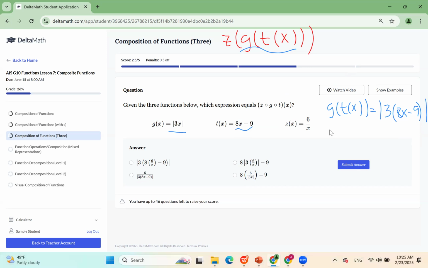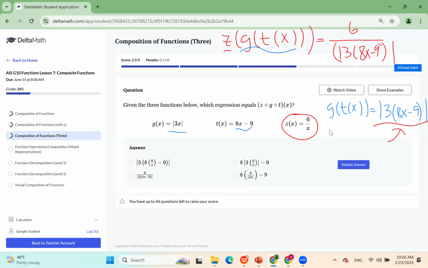And we take this whole expression and put it inside the outer function, which is the z. So first we replace the x's in the z with brackets. So this is the z. So this is going to be 6 over bracket. And inside the bracket, we are going to put this expression, which is absolute of 3 times 8x minus 9.